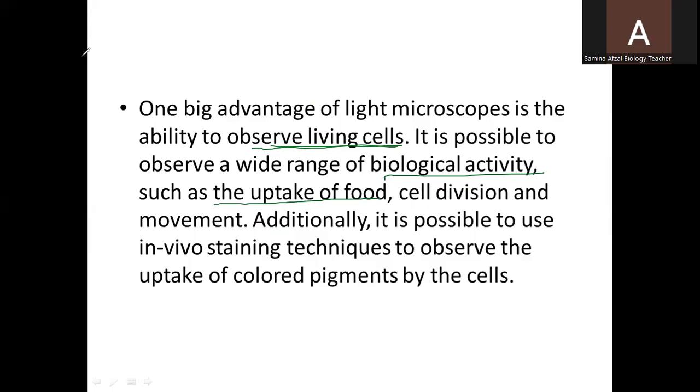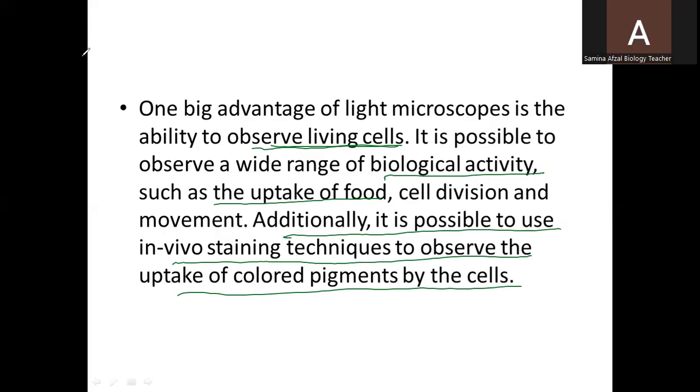So in this way, you can see with the help of different techniques. Additionally, it is possible to use in vivo staining techniques to observe the uptake of colored pigments by the cells. This is a very big, great advantage of the light microscope. We are able to see the different activities of living cells under the microscope. Otherwise, it is not possible, because cells cannot be seen with the naked eye.